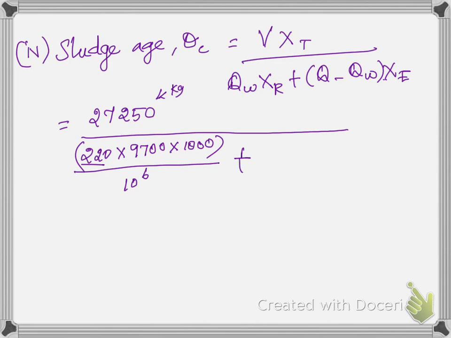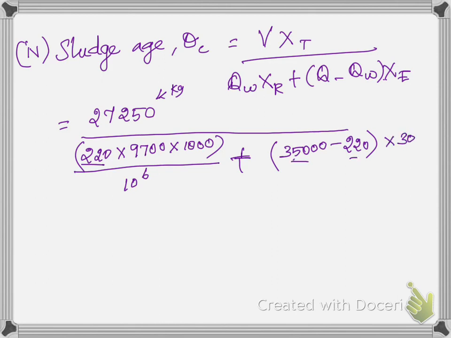Plus, what is your Q value here? Your Q value is given as 35,000, minus the waste sludge quantity, which is given as 220. And you have your XE value, which is 30 milligram per liter.